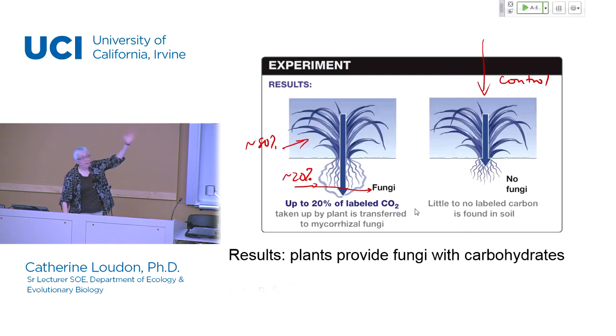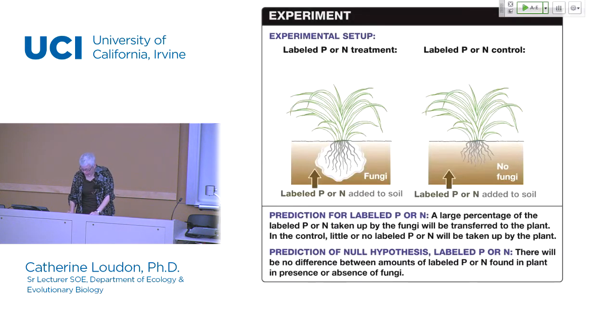So the clear result from this part then is that plants are actually providing fungi with carbohydrates, because you can follow the labeled compounds. Well, what about in the other direction? What are the fungi passing to the plants? You can do a similar kind of experiment, but now we're no longer expecting that carbon-containing compounds would be transferred to the plants, because after all, it's the fungus that's the heterotroph, not the plants.